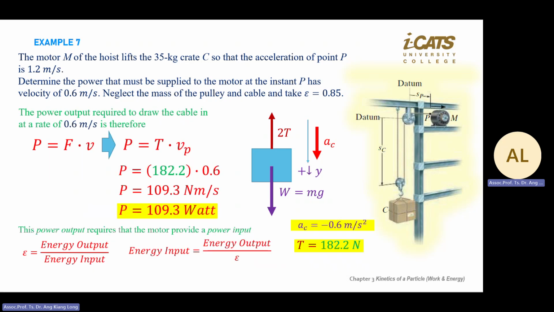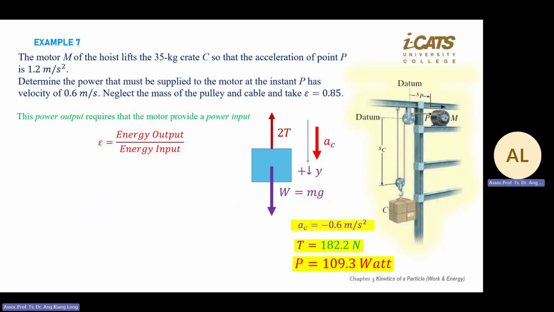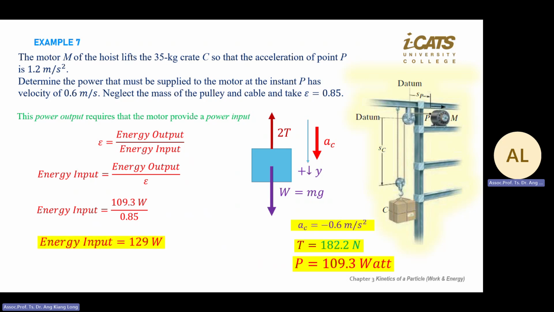Okay, you substitute the value: 109.3 watt divided by 0.85. So 85% is on the left. You know that if you have 85%, you need more input than the output. So the answer for example 7 is 129 watt.